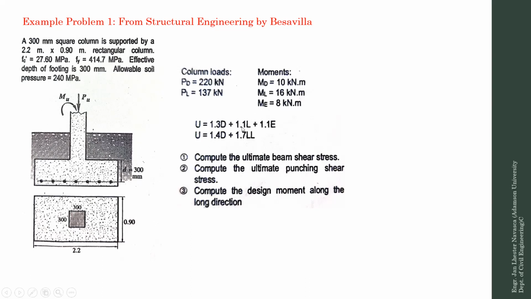Load combination 1 is 1.3 dead load plus 1.1 live load plus 1.1 earthquake, and U is 1.4 dead load plus 1.7 live load. If you are wondering what the load combinations are for, these are the possible scenarios that can happen in your building, not all of them maximum. It could be this load combination or that one, depending on which governs.